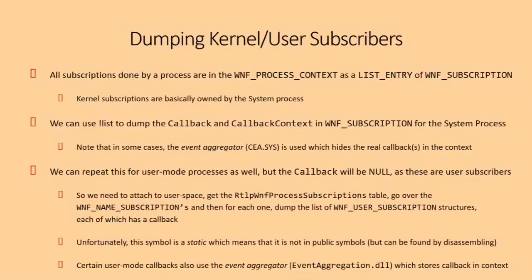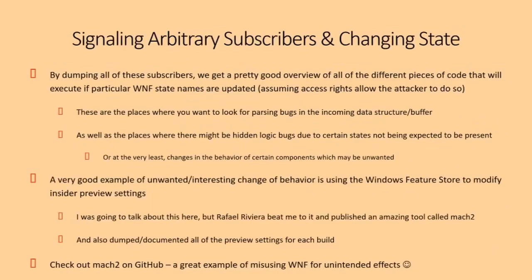That gives you a good mapping of all the code paths I can hit by writing into certain WNF state names, and let me statically analyze the code, right? So you can either fuzz things and just write garbage, or look into what the callbacks are and what they're going to be doing. Once you know that, you can signal arbitrary subscribers to see what the impact on the system is. Are there fun things that I can do?